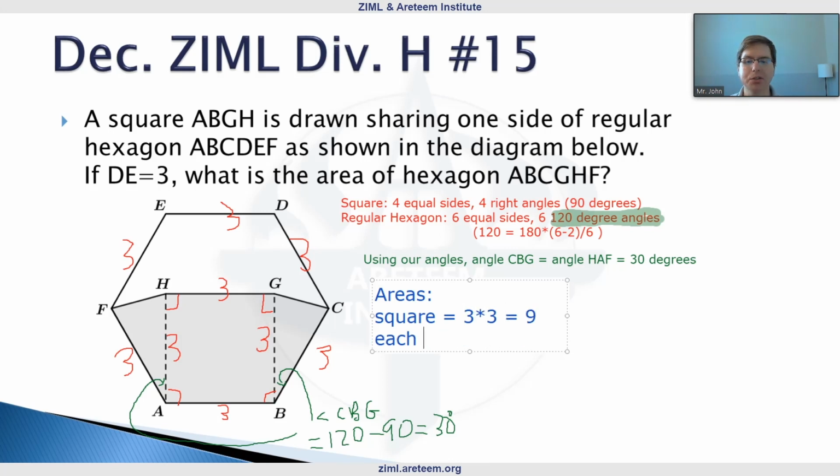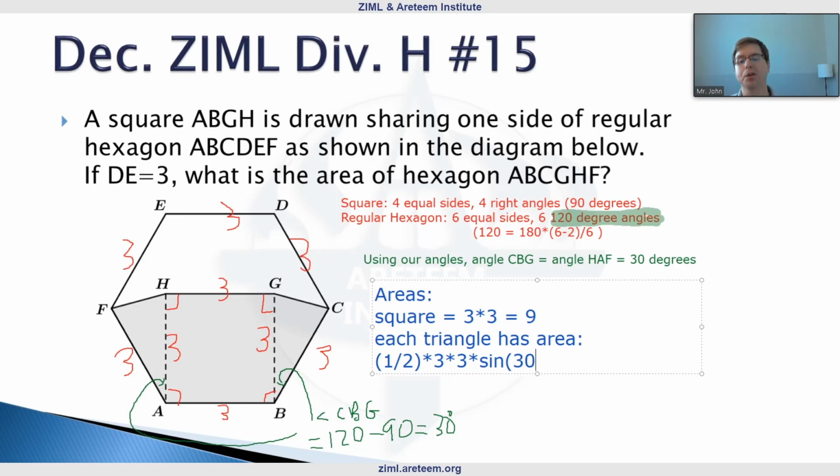So each triangle is an isosceles triangle with side lengths 3 and an angle of 30 degrees. Remember, we have a formula using side lengths and the angle. Area is 1/2 times the two sides, so times 3 times sine.